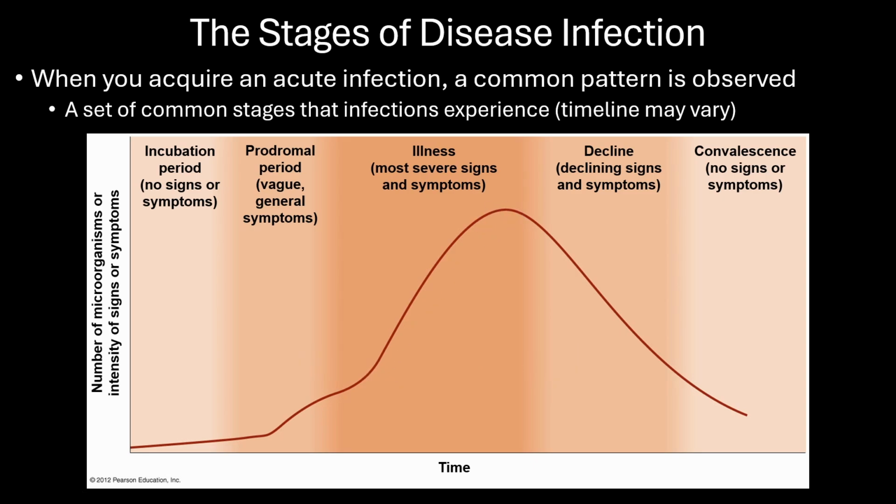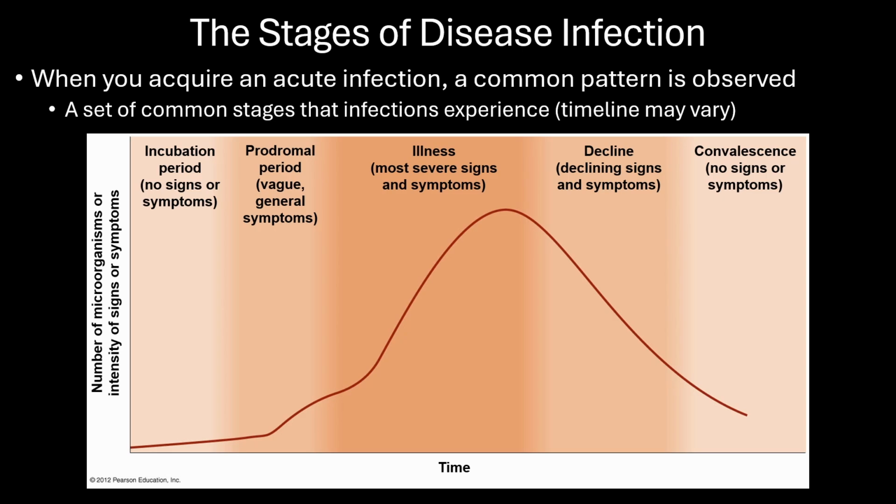Throughout this time, our immune system is engaged and is trying to fight this disease off. And it is the weaponization of our immune system that causes its decline, where we see a reduction in those symptoms and likewise a reduction in the number of pathogens. And eventually we reach the convalescence stage, where we finally go back to a period where we are no longer showing signs and symptoms and the pathogen is on its way out.